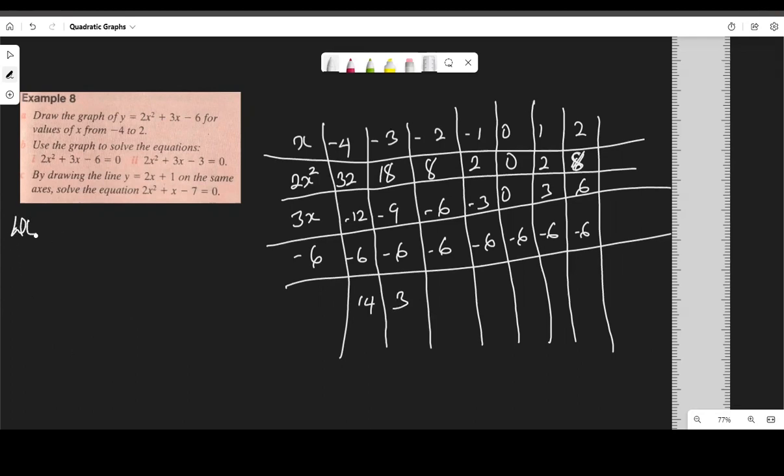When x is equal to minus 2, y will be 2 times minus 2 squared plus 3 times minus 2 minus 6. Minus 2 squared is 4. 4 times this is 8. Is minus 4.